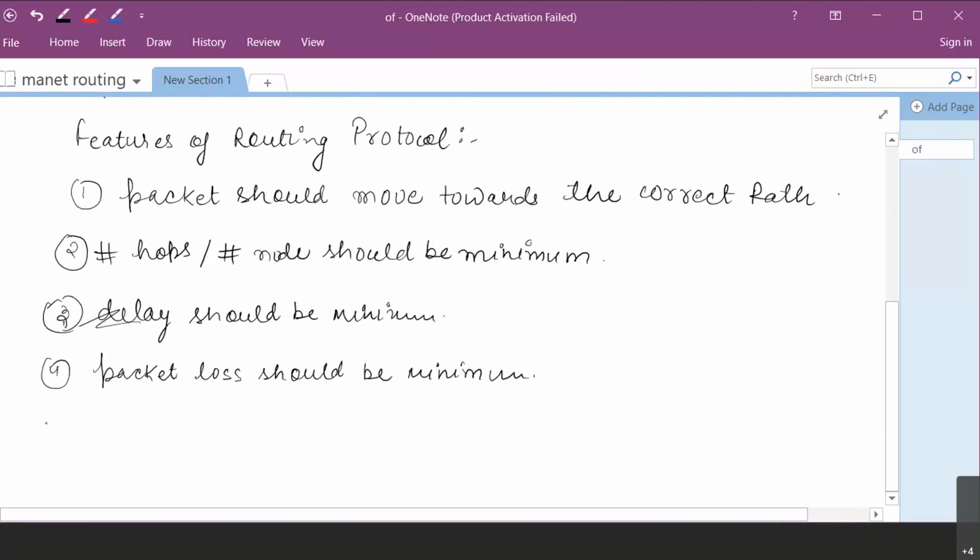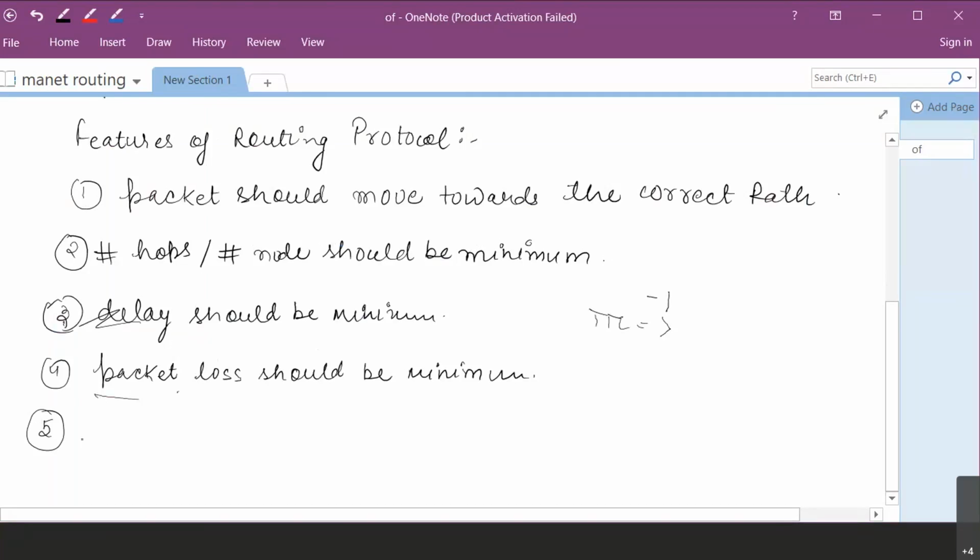Also, when the packet is involved in the looping process, the TTL value gets greater than the threshold. And sometimes, if you talk about the hop count, when it is a negative value, then you can say packet loss is going to happen.